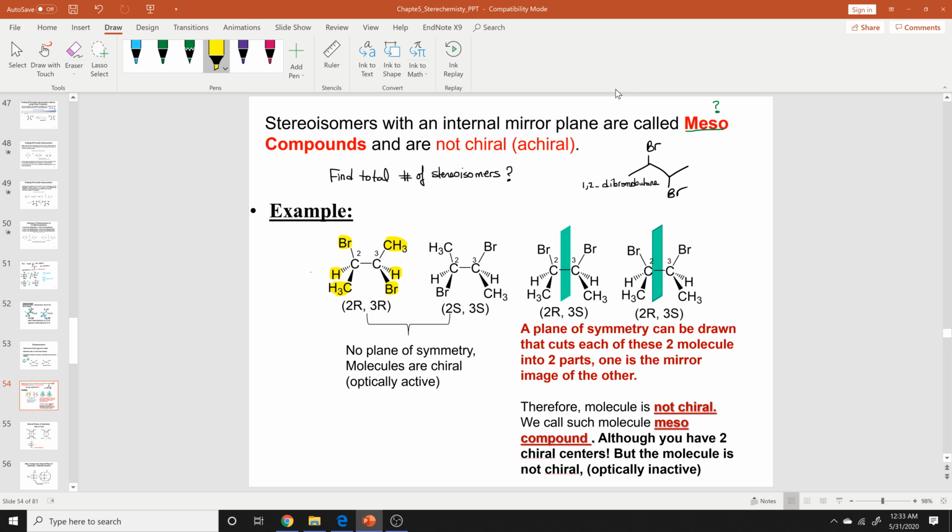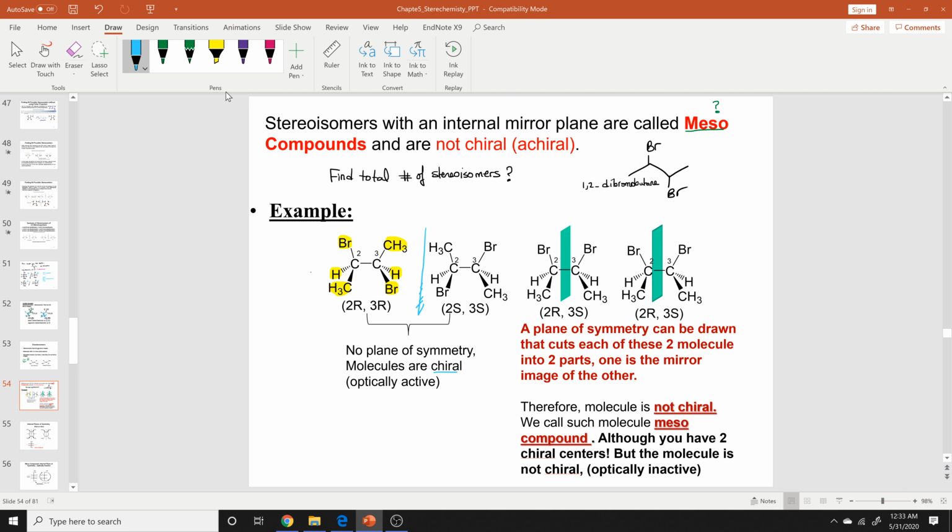So that structure here has a mirror image, and its mirror image is this. Yes, there is no plane of symmetry. The molecule exists as a pair of enantiomers. So this is its enantiomer over there, and we say that the molecule is chiral.